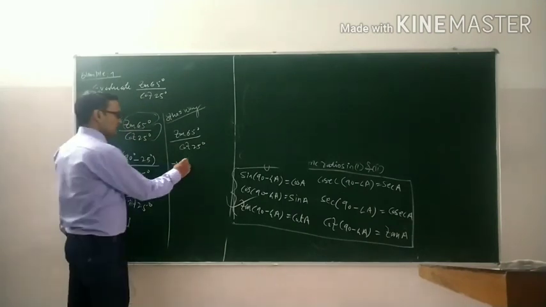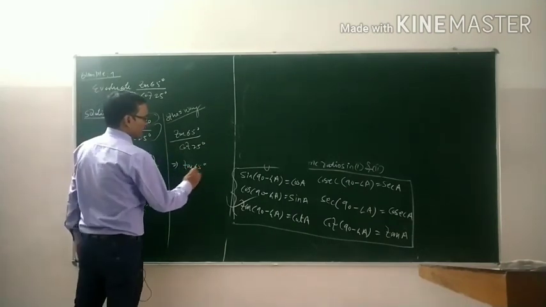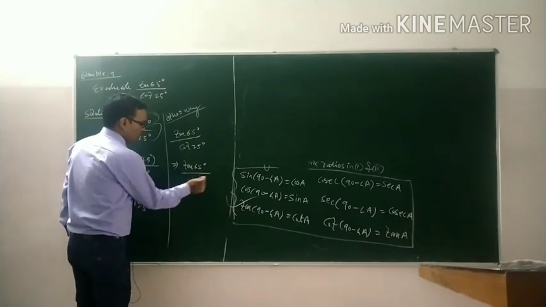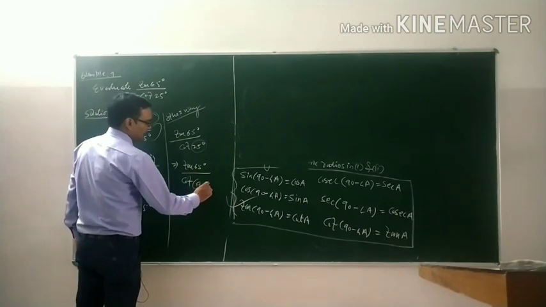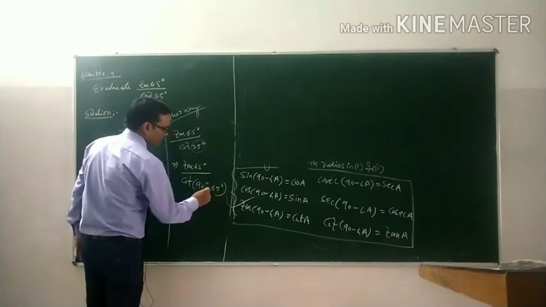Okay students. Cot 25 is written as cot 90 minus 65.